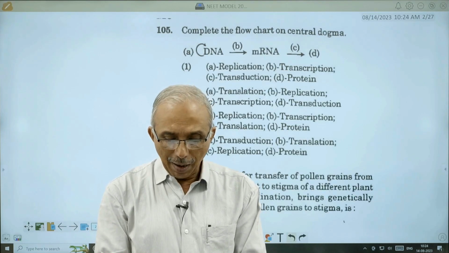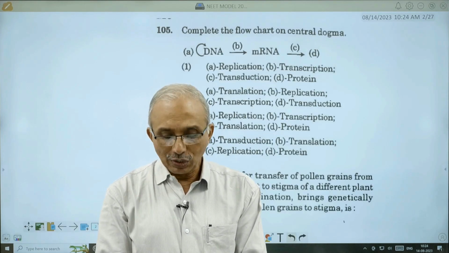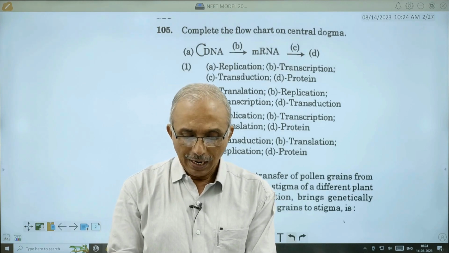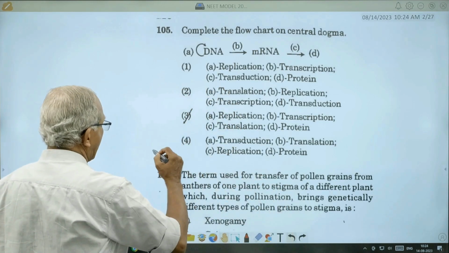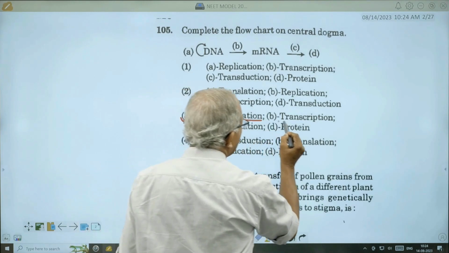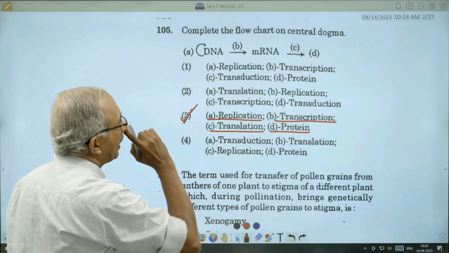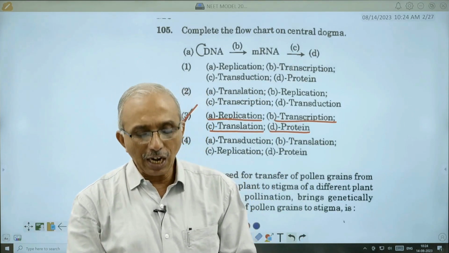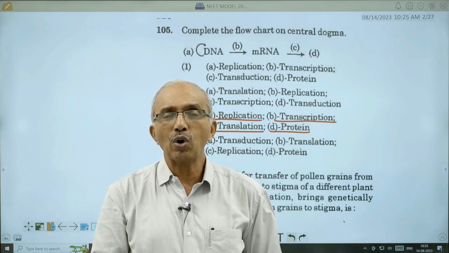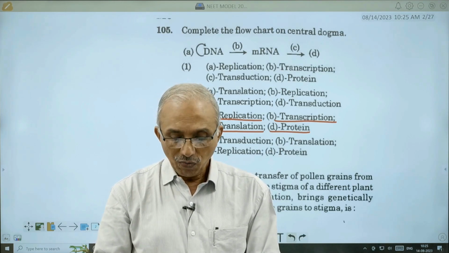C is mRNA to protein, so C is translation. D is protein. That is, answer is 3. Replication, transcription, translation, and protein: this is what is called the central dogma of molecular biology. It was proposed by Francis Crick.